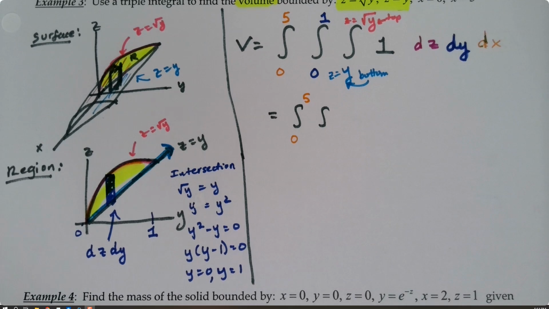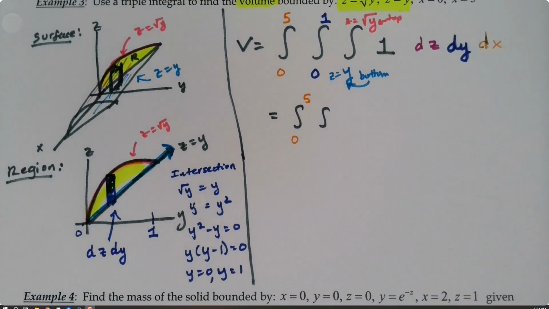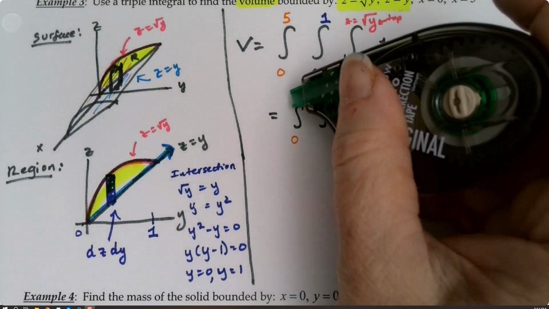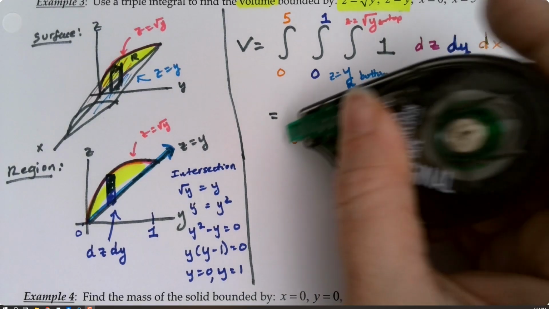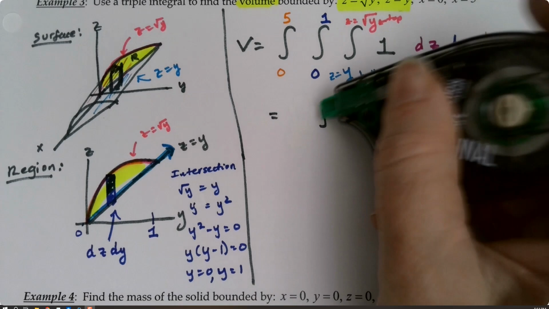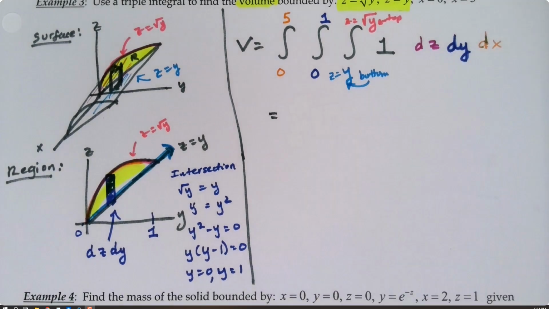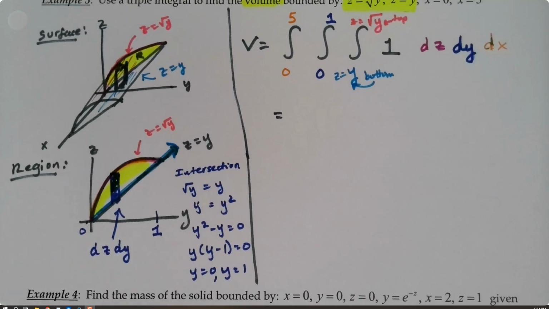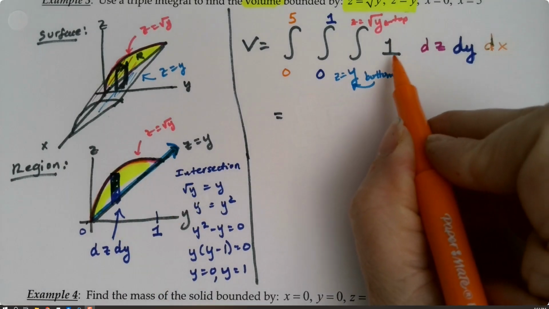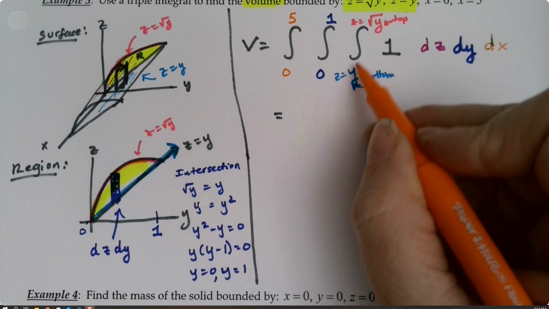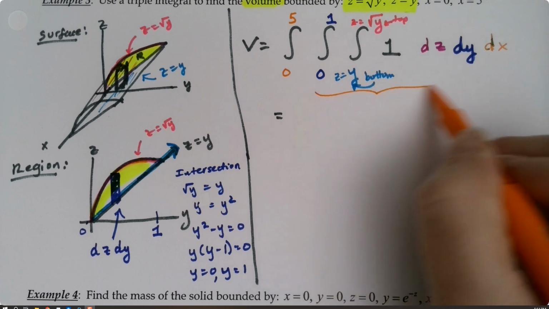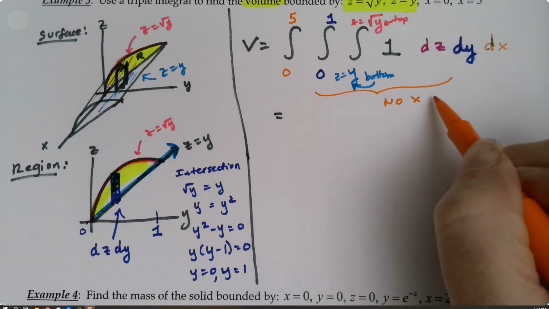Oh, actually, I take it back. We can use our trick. Let's just look at this for a second. There's no x in the integrand, anywhere in here. So we can use the trick.